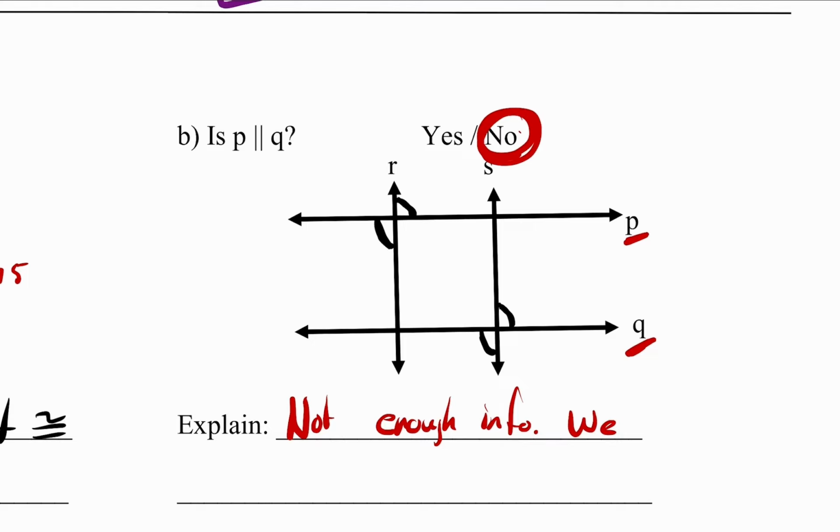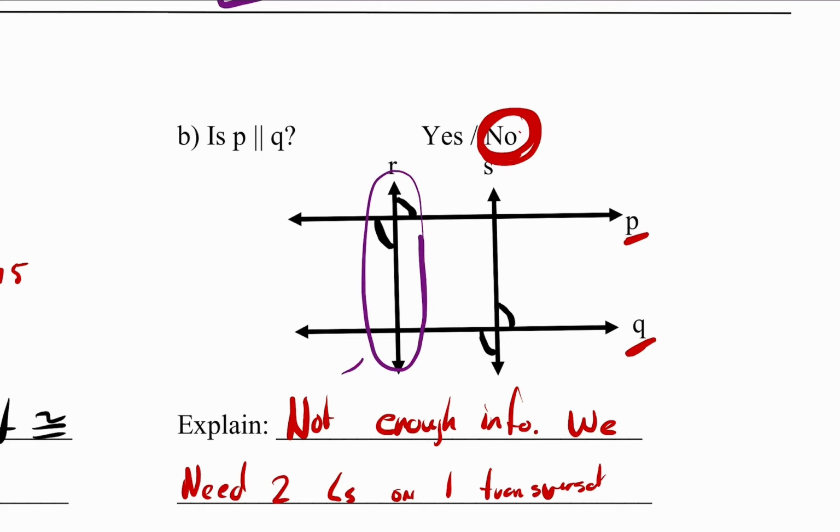We would need two angles on one transversal. So what that means is that here I need to know something about these angles, or here I need to know something about these angles.